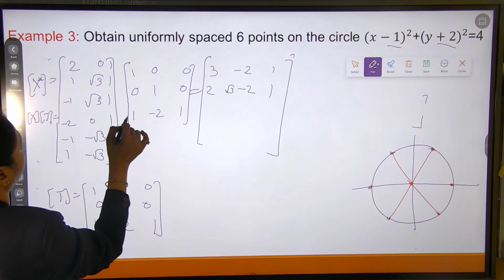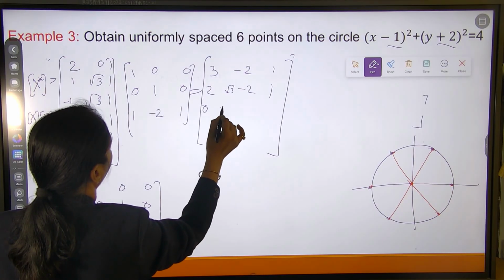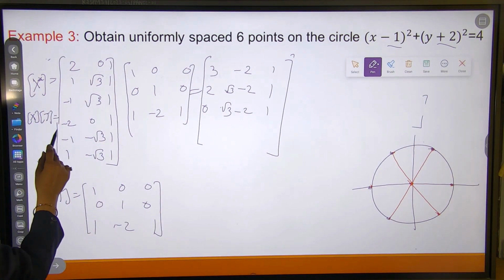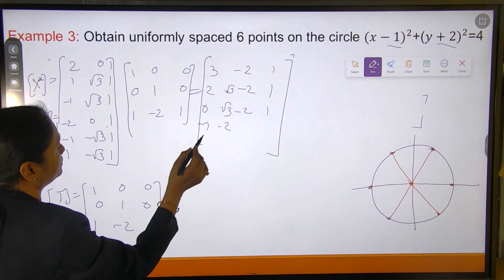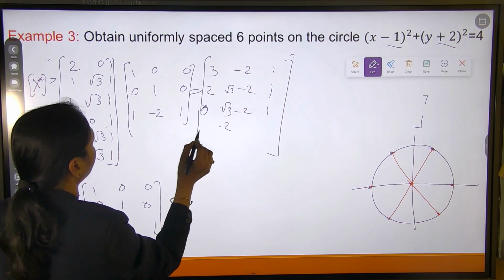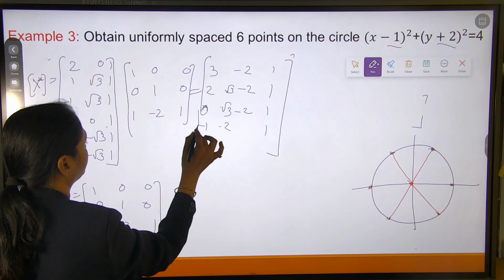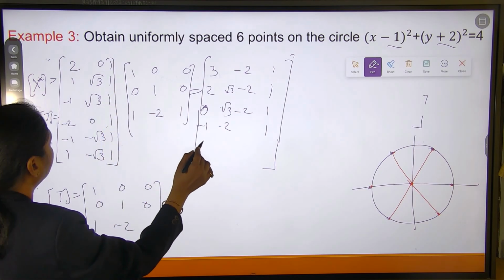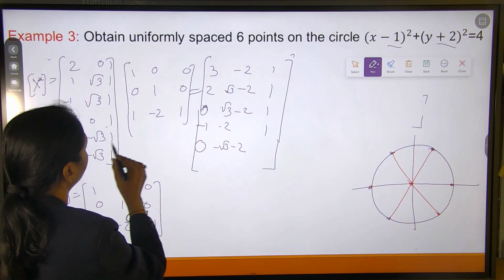Then minus 1 plus 1 is 0, root 3 minus 2, 1. Then the fourth point, minus 2 plus 1 that is minus 1, minus 2, 1. Then the fifth point is minus 1 plus 1 is 0, minus root 3 minus 2, 1.